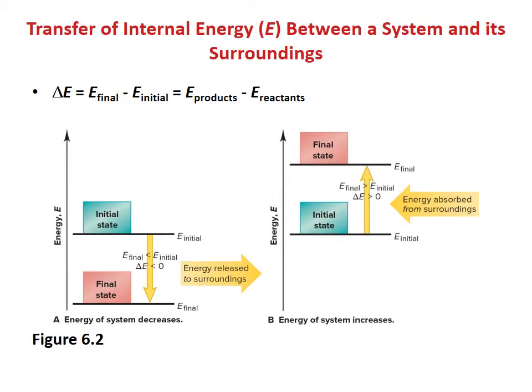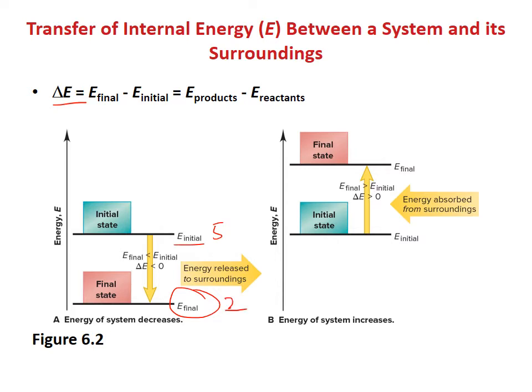This diagram shows the transfer of internal energy between a system and its surroundings. On the left side, the final energy of the system is lower than the initial energy. So the energy decreases. The change of the internal energy is the final minus initial. So if initial is 5 kilojoules, the final is 2.